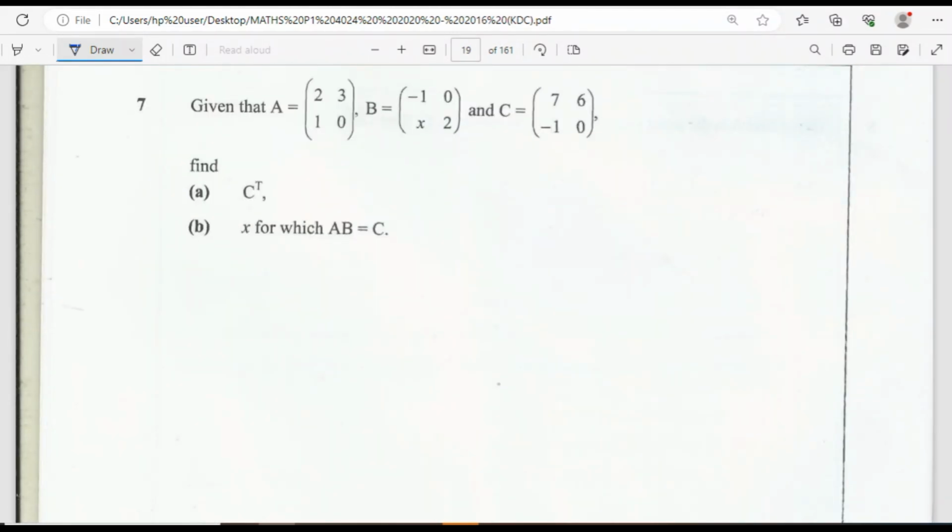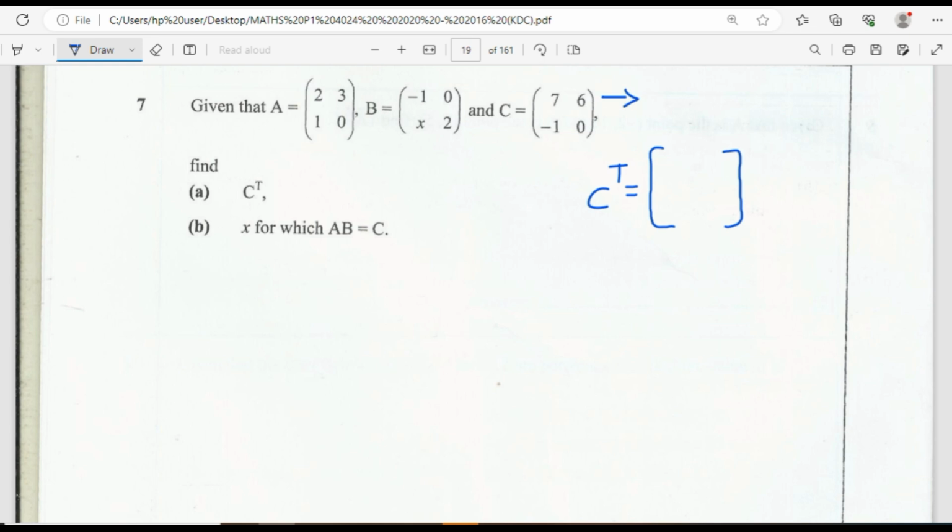Okay, so now we move on to question 7. Given that A is equal to 2, 3, 1, 0, B is negative 1, 0, x, 2, and C is 7, 6, negative 1, 0, find C transpose. So the transpose of a matrix is just that we are supposed to change the rows to columns.